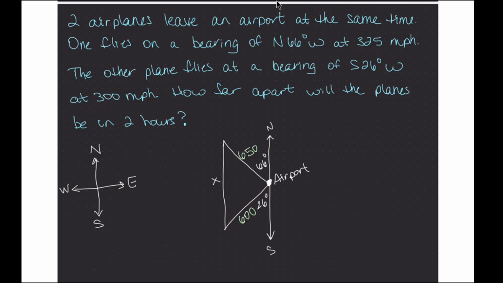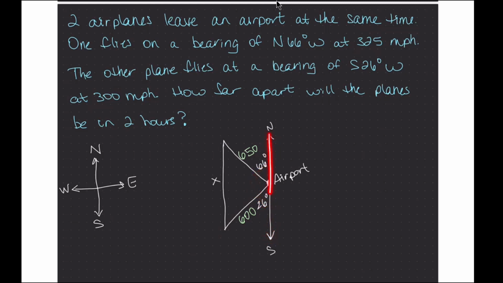So now we just need to figure out an angle in our triangle, right? So I'm going to find this angle right in here. We're going to find this angle. So when I drew this line, what do I know about a line? When I add up the degrees of a line, it should always be 180, right?